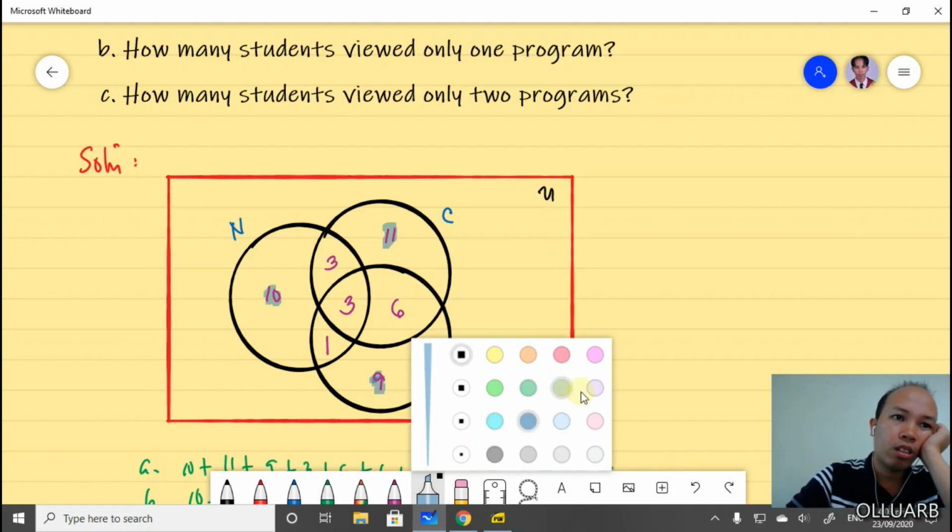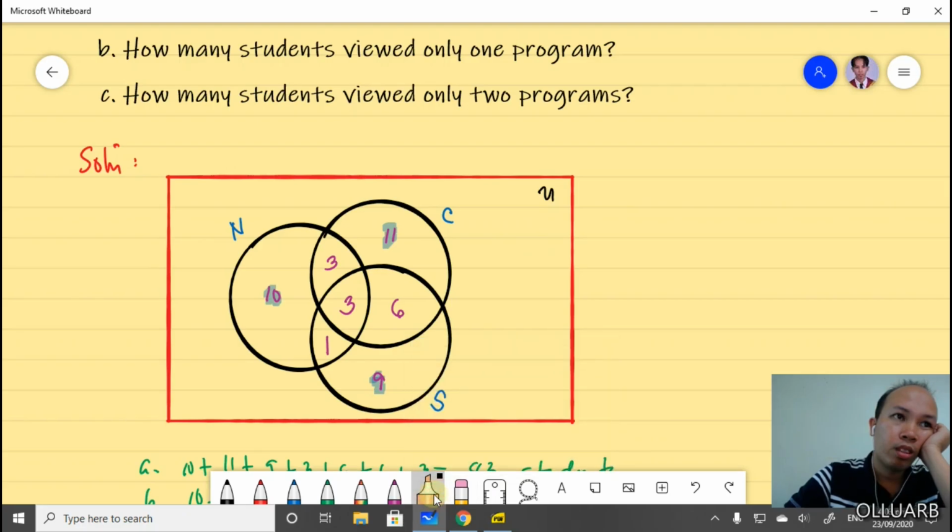Let's say orange. These are the students here. This one that viewed only 2 programs. Okay, and in the center, those are the students that viewed only 3 programs.